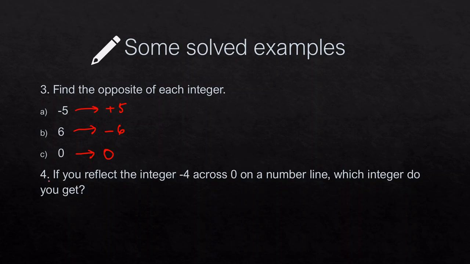Next we come to question number 4. If you reflect the integer -4 across 0 on a number line, which integer do you get? So reflection means what?